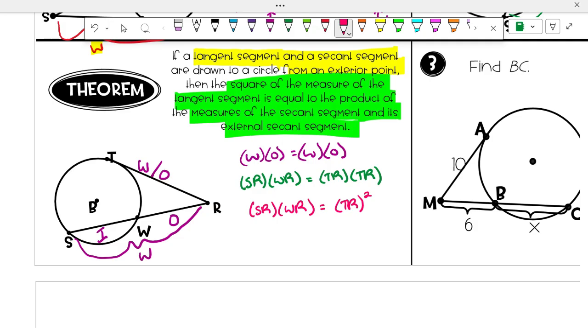Because remember, if you multiply something by itself, it's the same thing as squaring it. So as long as you still remember whole times outer equals whole times outer, you're fine. You just have to recognize that with a tangent, it's both the whole and the outer. A tangent line goes on forever and ever, it never goes in the circle. It's both the whole segment and the outer segment. There's no inner.